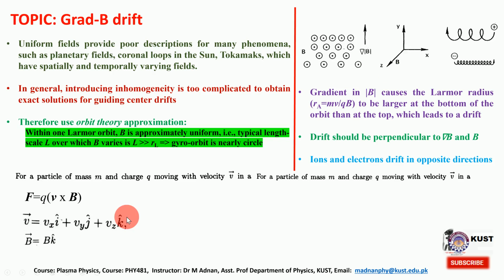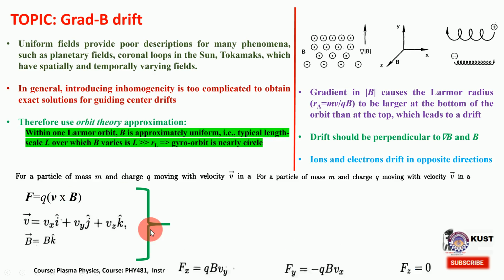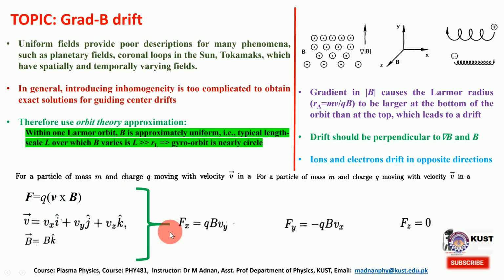So like in our previous lecture, we have to decompose this equation by solving the V cross B in this equation, so that we have the force component along x, y, and z.